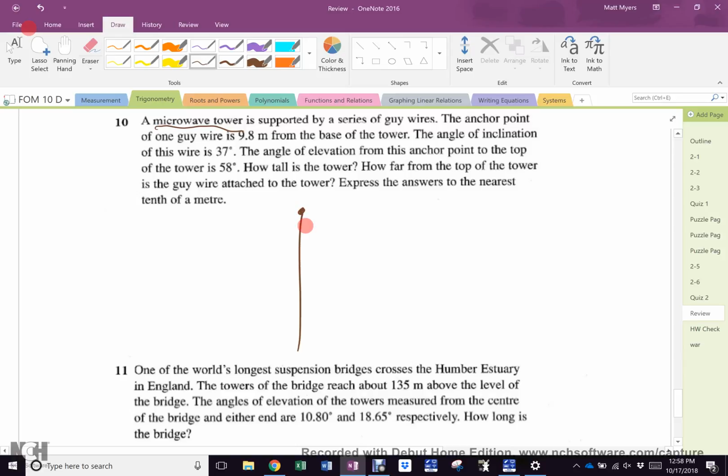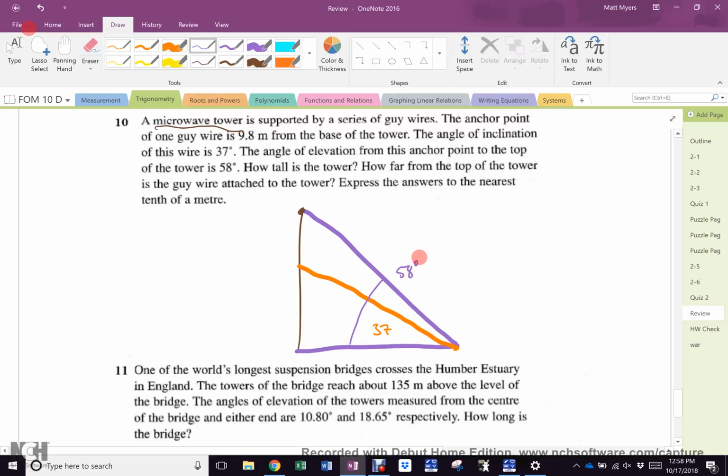So, there's your tower. There are 2 wires. There is one wire to the ground, and there is another wire partway up to the same point. The orange wire is 37 or 58? 37. The purple wire is 58.